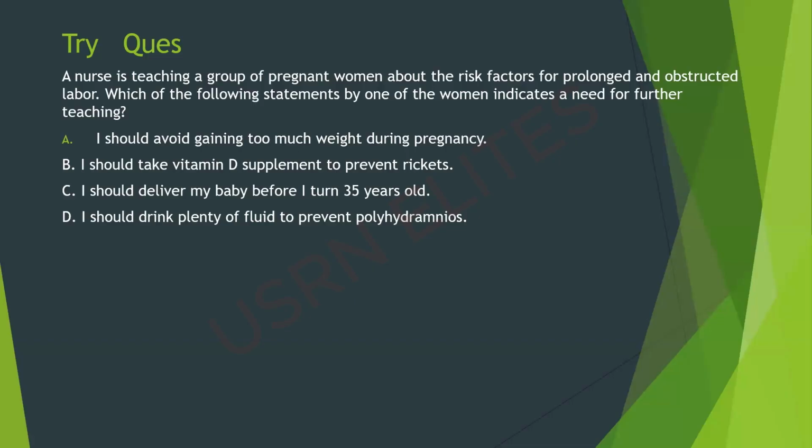I should avoid gaining too much weight during pregnancy so that I'm not at risk. I should take vitamin D supplement to prevent rickets. I should deliver my baby before I turn 35 years old. I should drink plenty of fluid to prevent polyhydramnios. Which one will need further teaching?